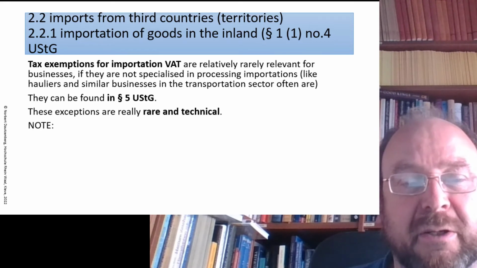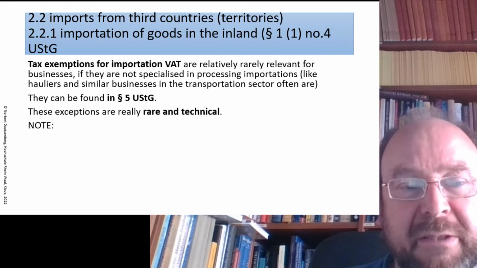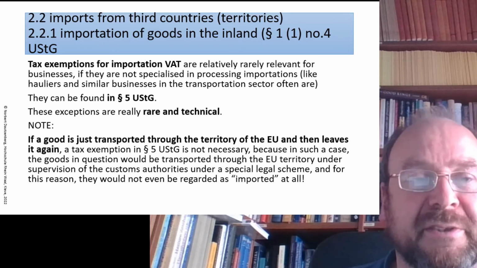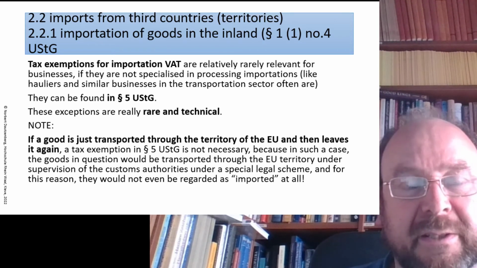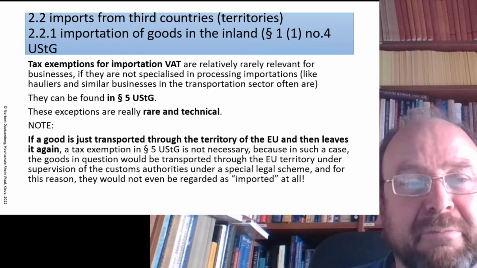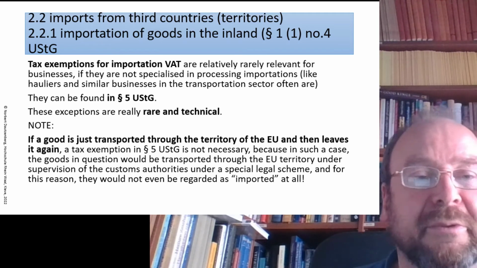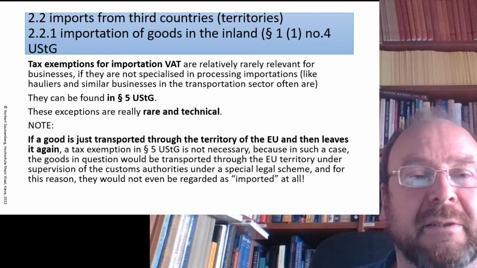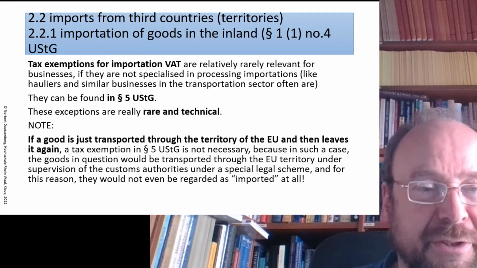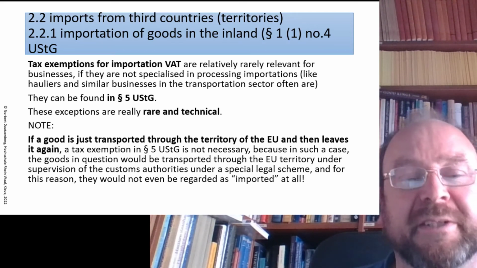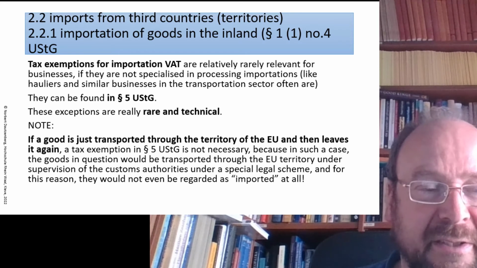And especially when you think, okay, there might be cases where a good is just crossing over the territory of the EU but does not remain in the EU. For example, the good comes from Turkey and is transported to Norway, which is, as you know, not EU, then it just crosses our territory and then leaves again.